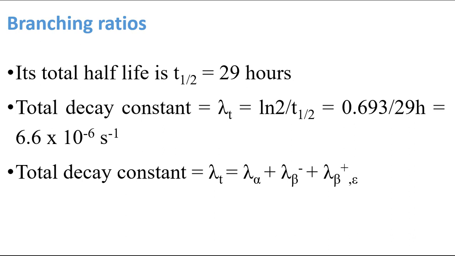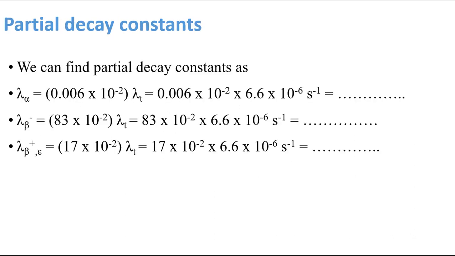The total decay constant is composed of partial decay constants. For example, here lambda alpha is the partial decay constant for the alpha decay, lambda beta minus is the partial decay constant for the beta minus mode, and lambda beta plus and EC is the partial decay constant for beta plus and electron capture.